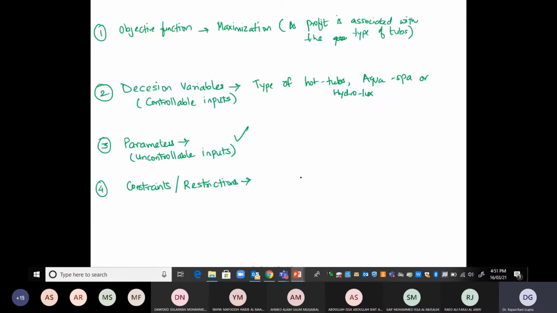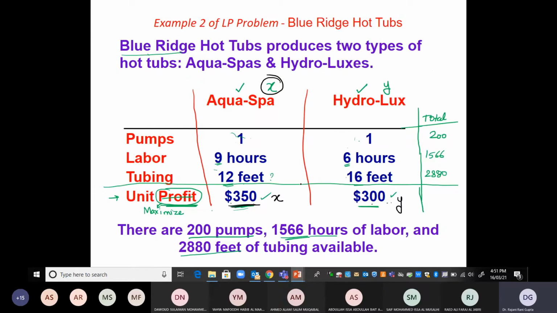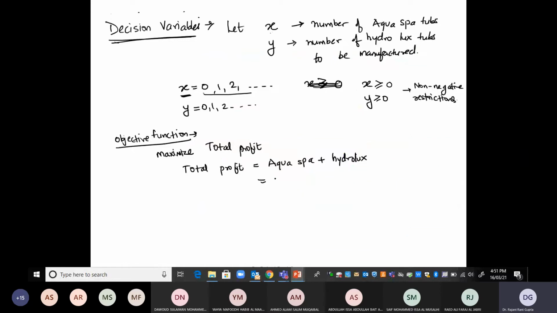Now in standard notation, the objective function is always written as capital Z. And we say here maximize. So this is your objective function. We already used these quantities. Now let's come to the constraints.